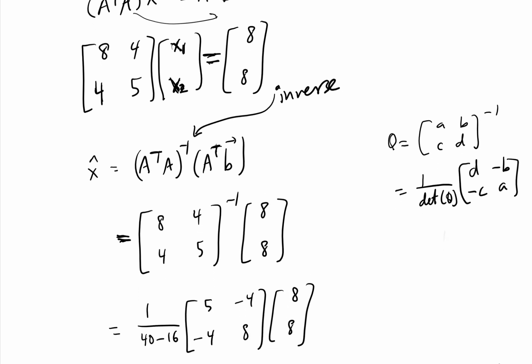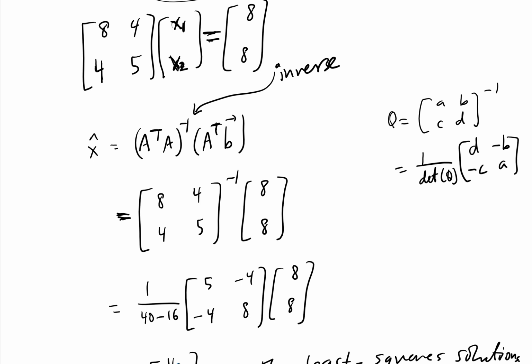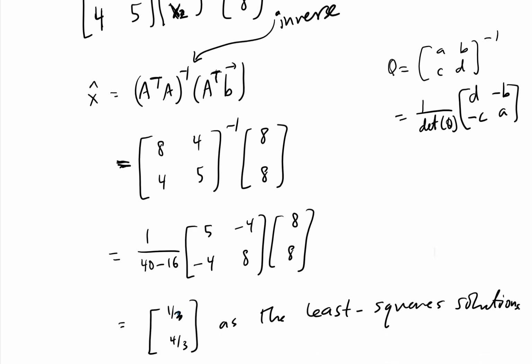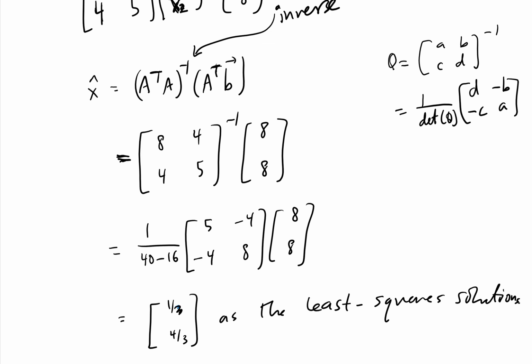So now I found the inverse for that matrix, 8, 4, 4, 8, and I got 1/3, 4/3. This is the least squares solution. This is x hat.